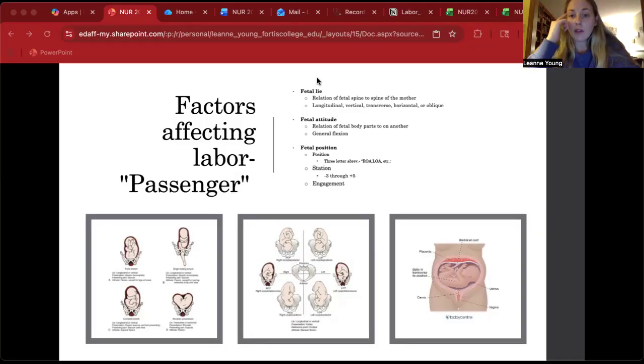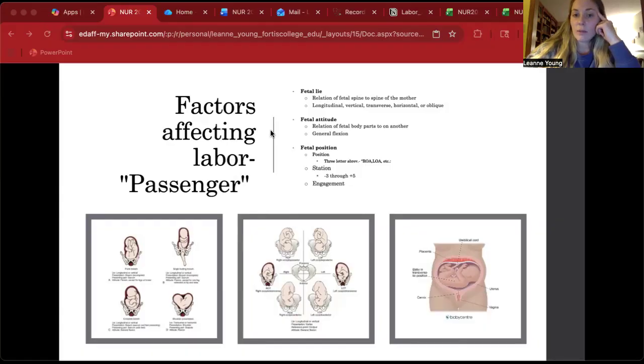Okay. A transverse lie, which would be the third image down here, where the baby is laying horizontally in utero, they're not going to be able to deliver vaginally, right? Because even if we're having effective, strong contractions, that baby is in such a terrible position that they would not be able to successfully deliver vaginally.